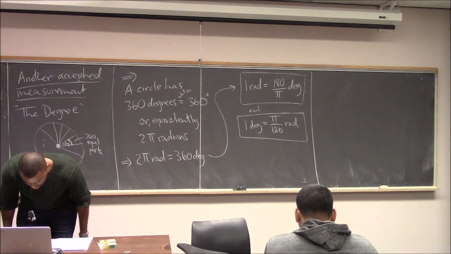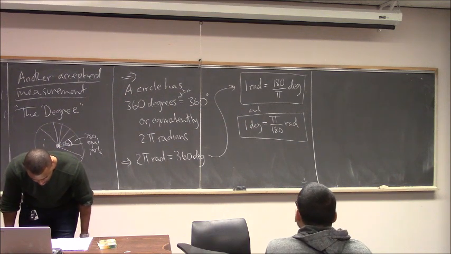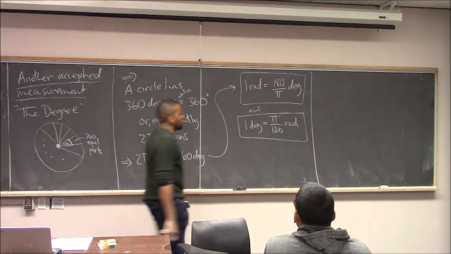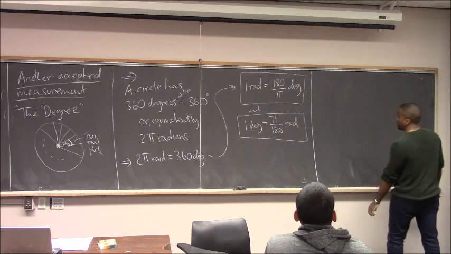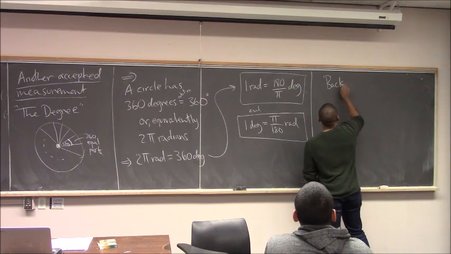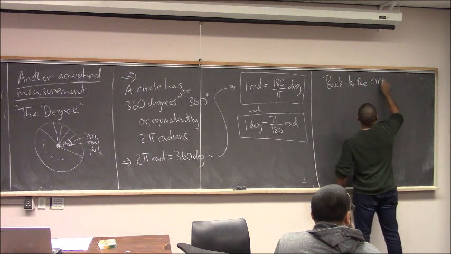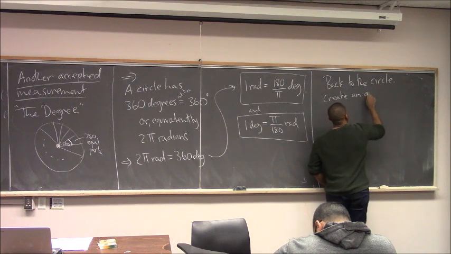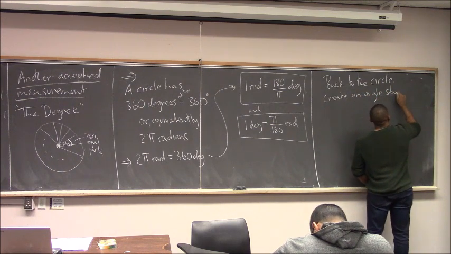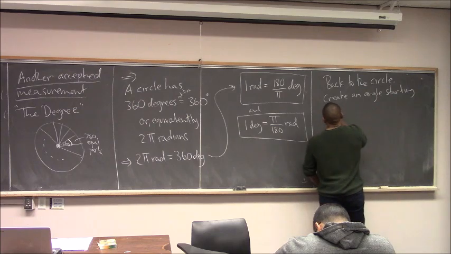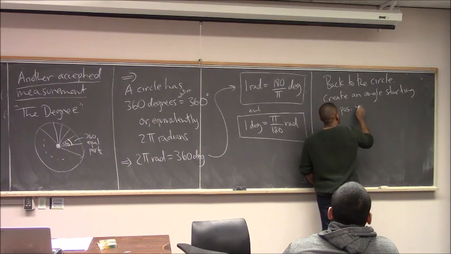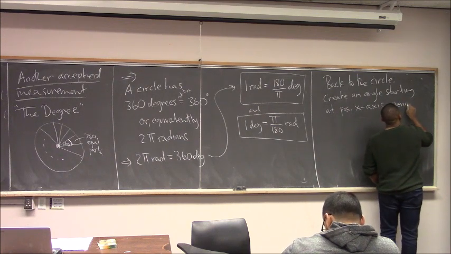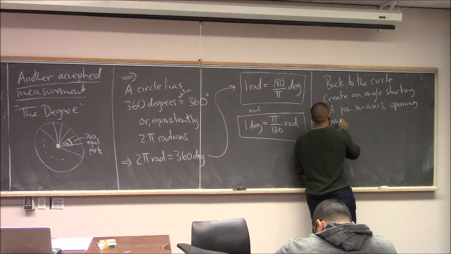So that's what the unit circle is, that's what an angle is, that's how they're measured. Now let's go back to the circle, and we want to actually talk about points on the circle as measured by angles. Create an angle starting at the positive x-axis and opening counterclockwise.